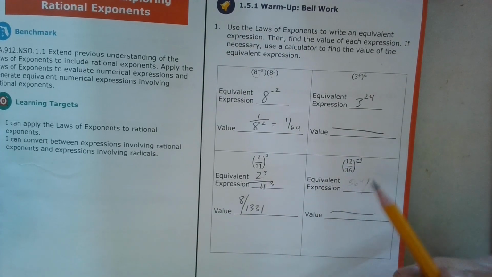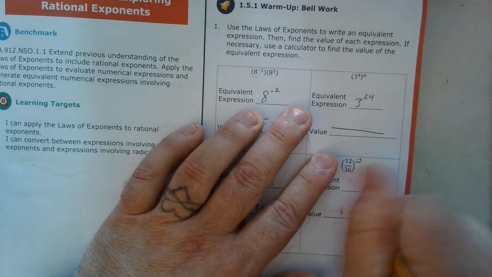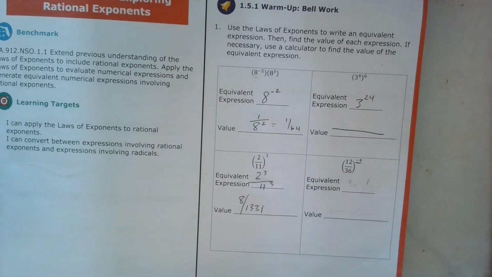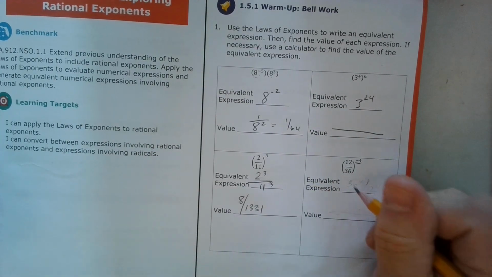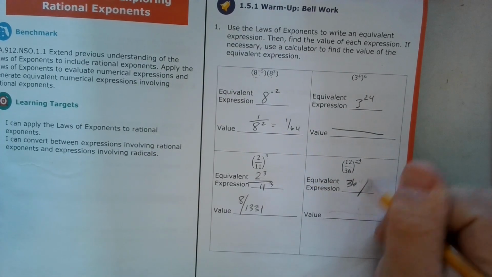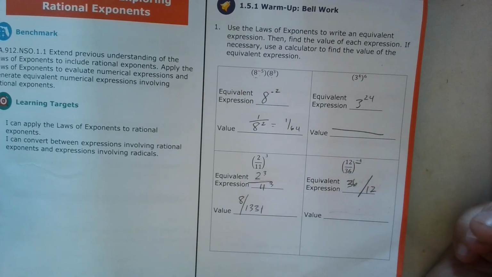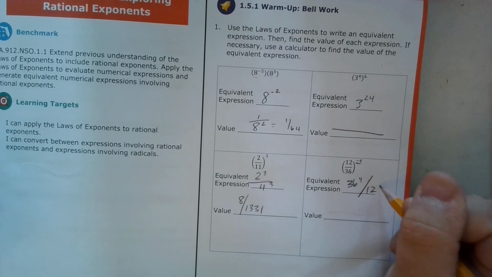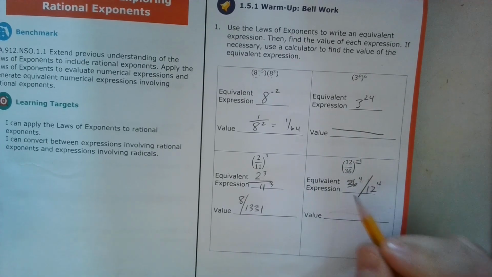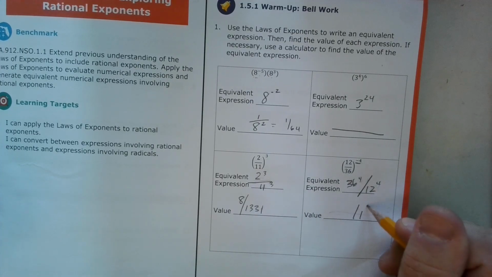All right, and over here, we've got 12 over 36 to the -4th power. And actually, we're going to just reduce the fraction is how we're going to handle this. So we flip this, so you end up with 36 over 12. This was the -4th power, so it's 36 to the 4th, 12 to the 4th. Those reduce. 12 goes into 12 one time.